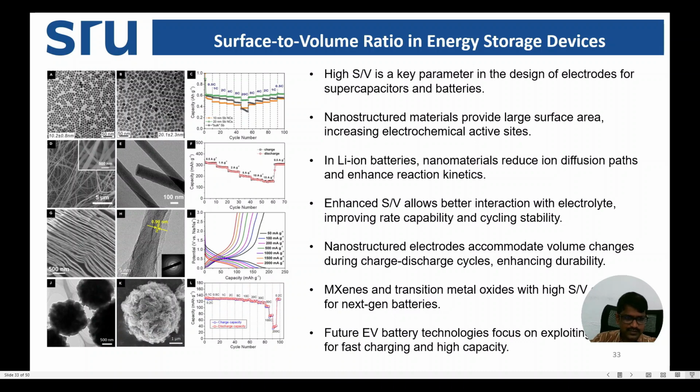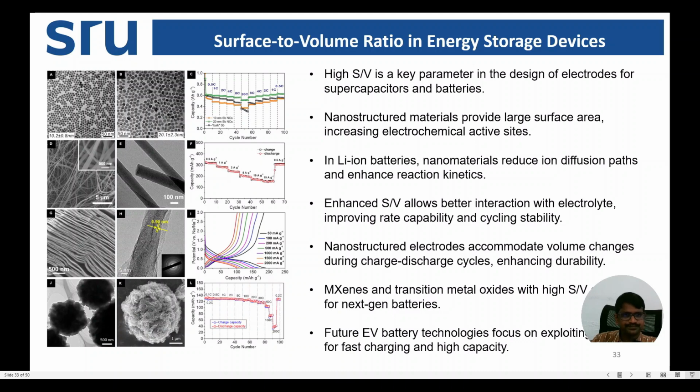Here you can see the different morphologies. These dots are zero dimensional particles. These are one dimensional materials, some wires or tubes, something like nanorods.